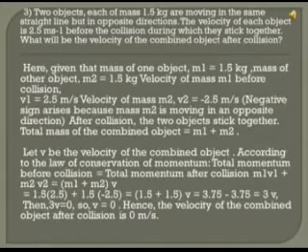That is, m1 v1 plus m2 v2 is equal to m1 plus m2 into v, which is equal to 1.5 into 2.5 plus 1.5 into minus 2.5 is equal to 1.5 plus 1.5 into v, which is equal to 3v. So v is equal to 0. Hence, the velocity of the combined object after the collision is equal to 0 meter per second.